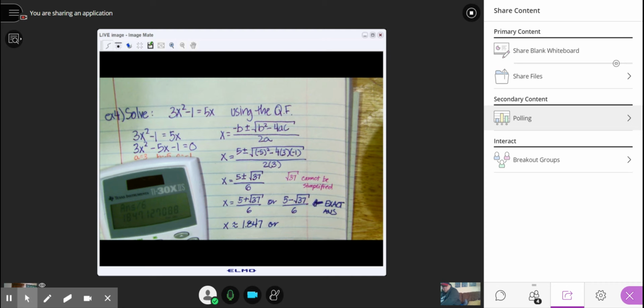Or I do 5 minus square root of 37, find out what that is, and then divide it by 6. I get negative 0.180. These are your answers to 3 places.